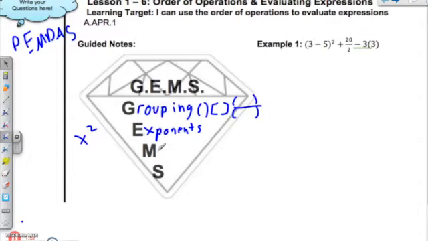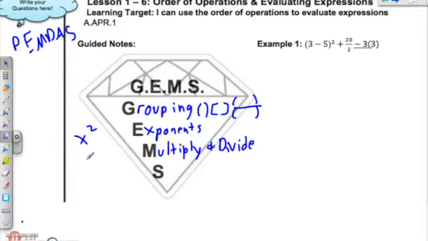Now the next step, and where things start to differ a little bit, is we multiply and divide. Now it's important to note that these are on the same step. A lot of people get the misconception in PEMDAS that just because the M comes first, you do all the multiplication and then you start doing all the division. But you're actually supposed to do multiplication and division in the same step.